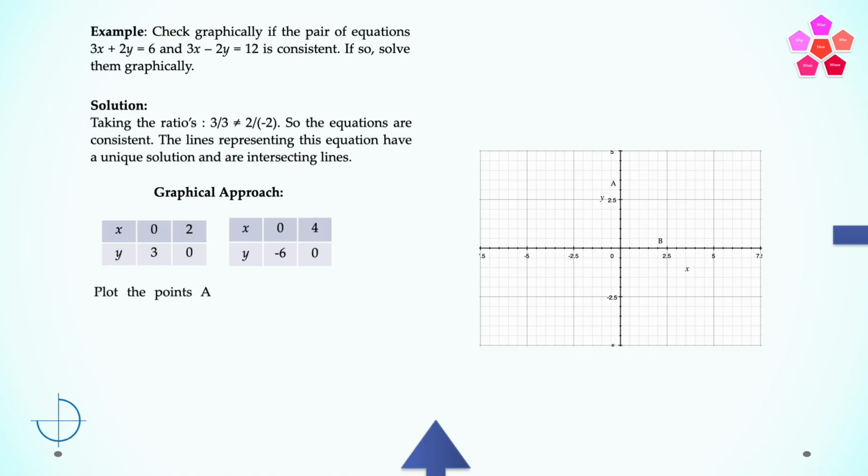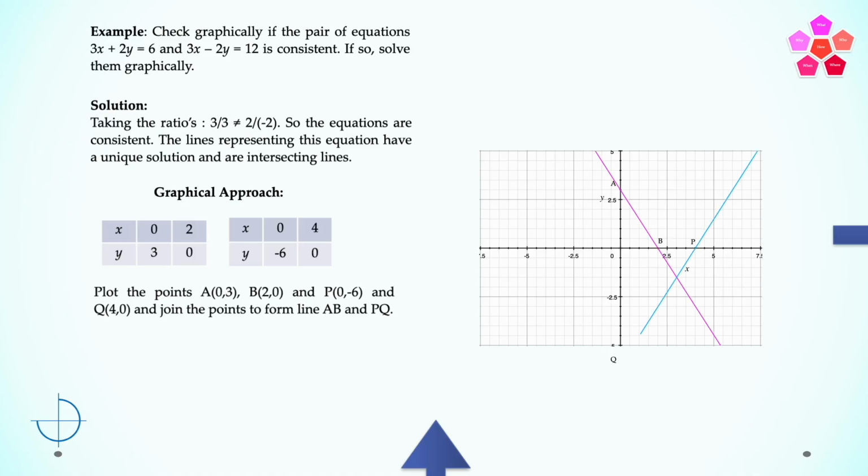So plot the points A (0, 3), B (2, 0), P (0, minus 6) and Q (4, 0), and join the points to form lines AB and PQ. It is observed that the lines intersect at (3, minus 3 by 2). So that forms the solution.